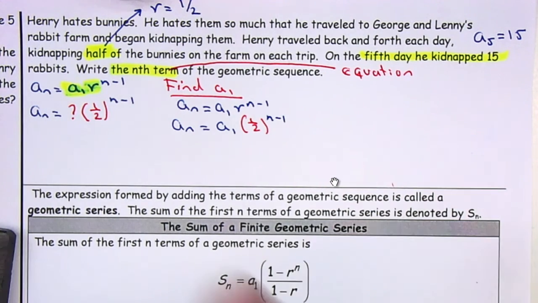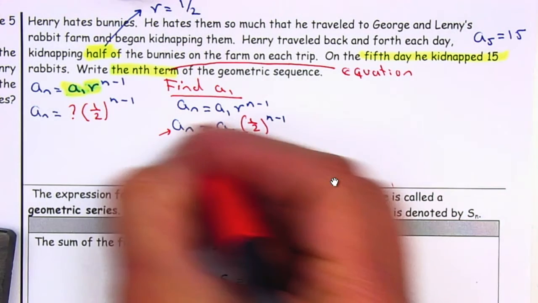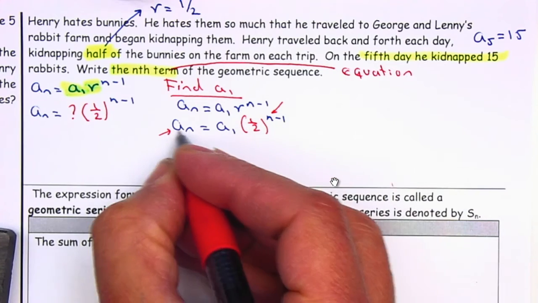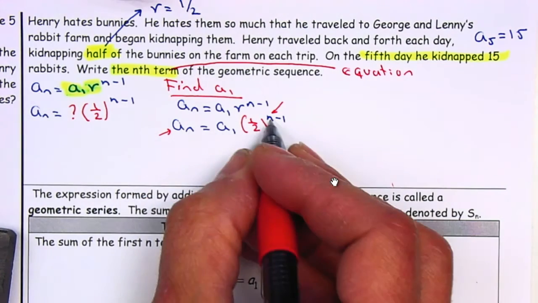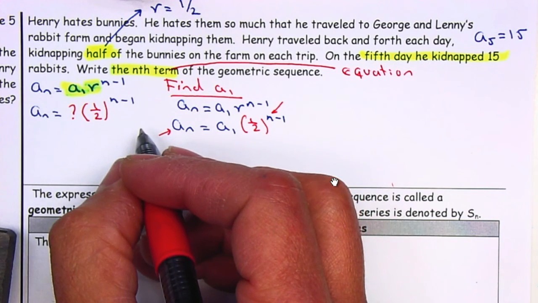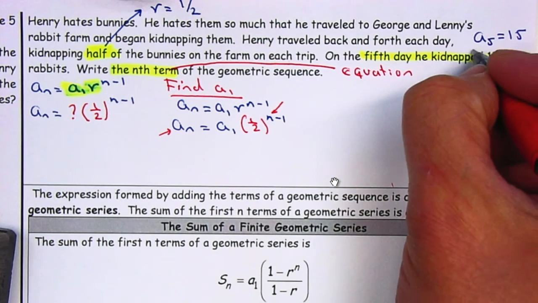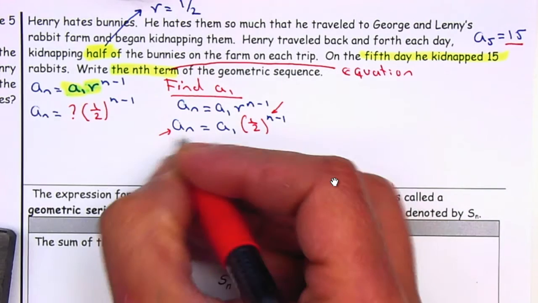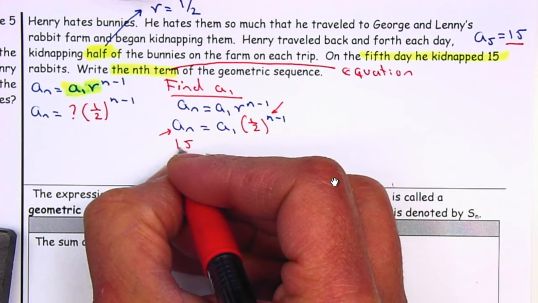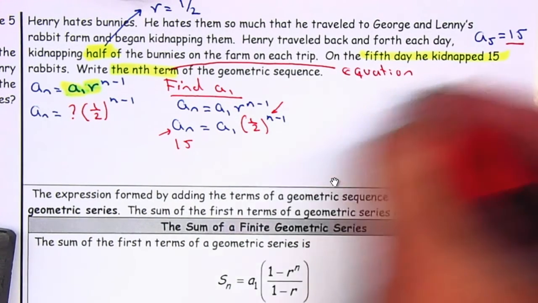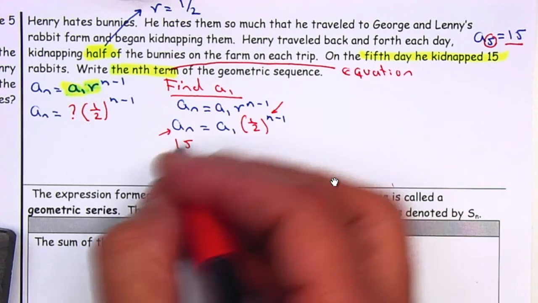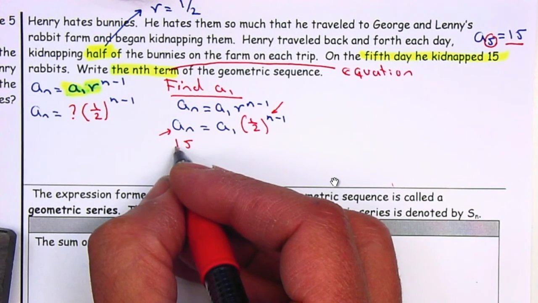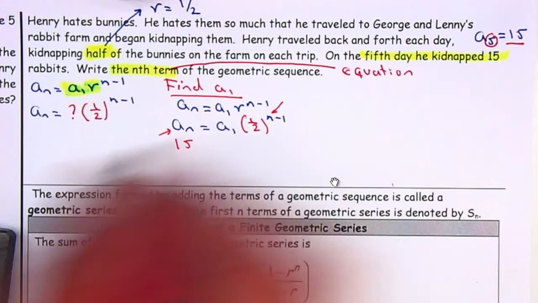I can't solve for a sub 1 because I still have three variables, a sub n, a sub 1, and n. I need to have only one variable in order to solve it. I'm going to use the 15 as a term number, and of course, what term number is this? This is the fifth, that'll be for the n. So this will correspond to the n value. If we use 15 for the term, the corresponding n value is 5.